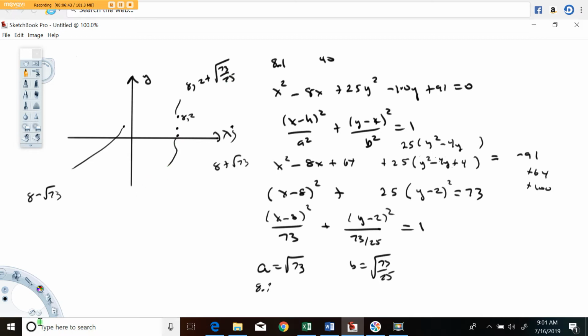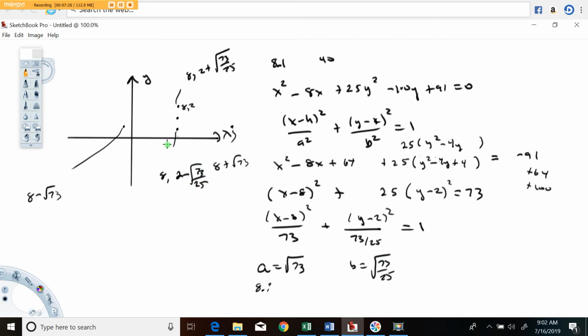Taking 2 minus this, approximately 2 minus 1.3, the point has x-coordinate 8 and y-coordinate 2 minus square root 73 over 25.